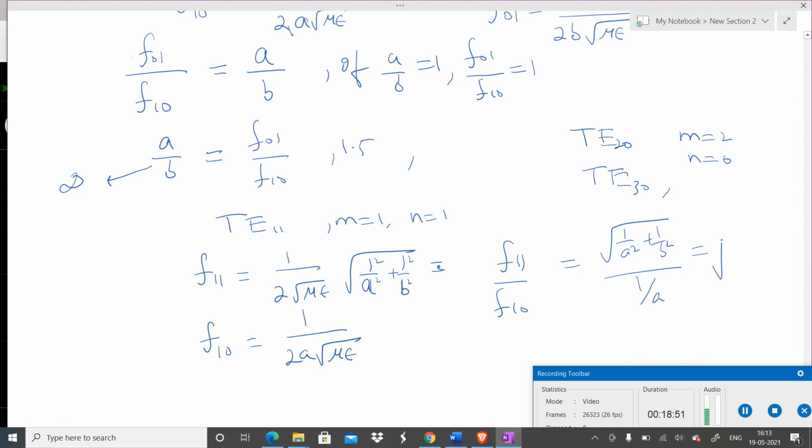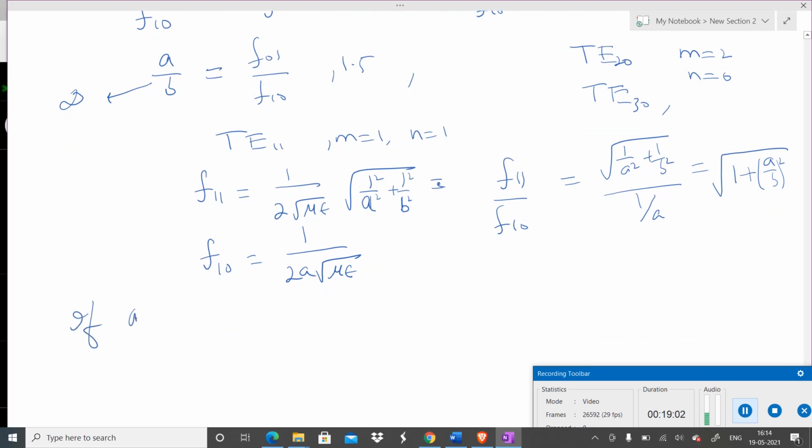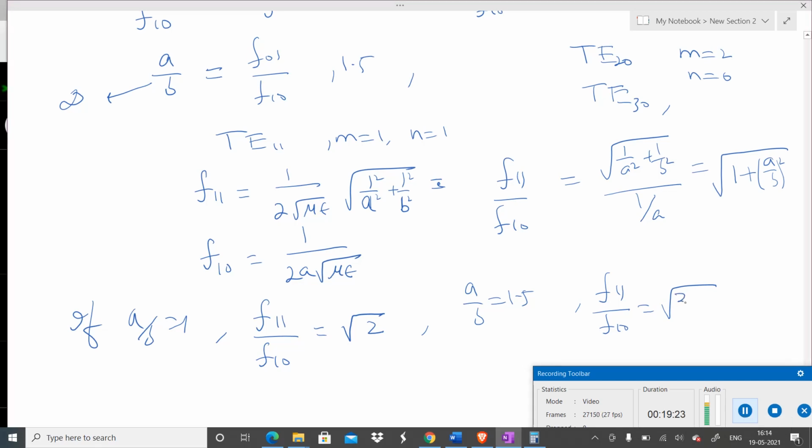which will be equal to under root of 1 plus (A by B) whole square. Now you can see that if A by B is 1, then the ratio of the TE11 mode cutoff frequency and TE10 mode will be equal to root 2. Similarly, if A by B is 1.5, then f11 divided by f10 will be root 3.25, which is roughly 1.80 something.